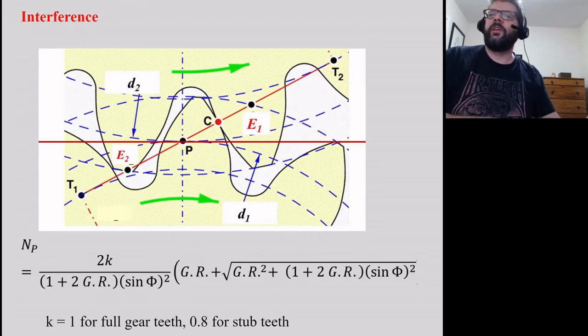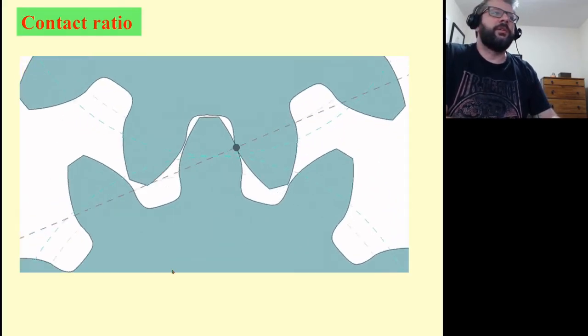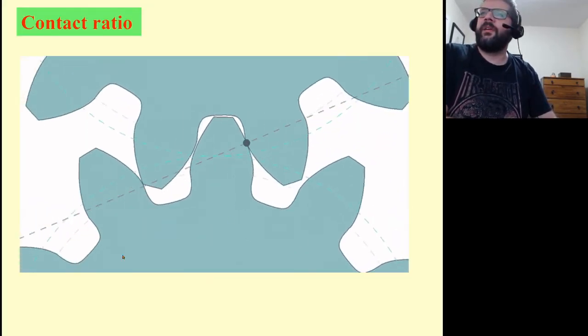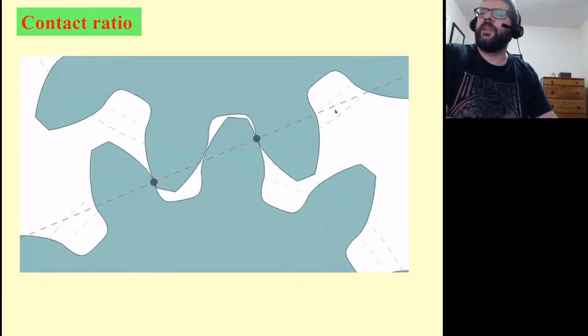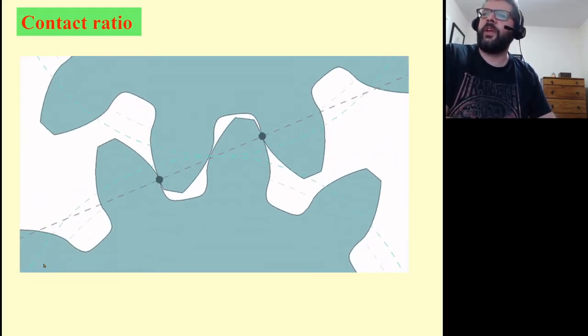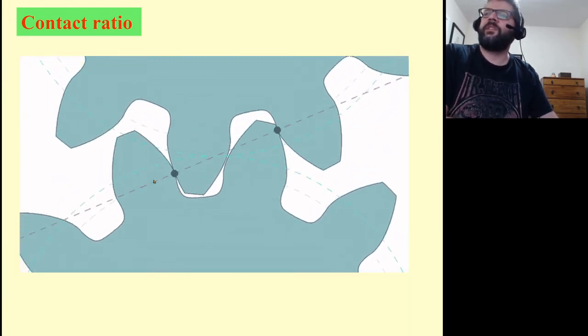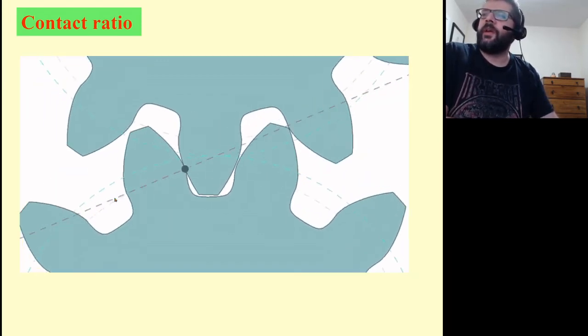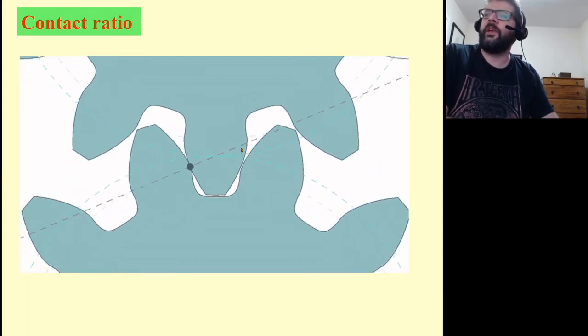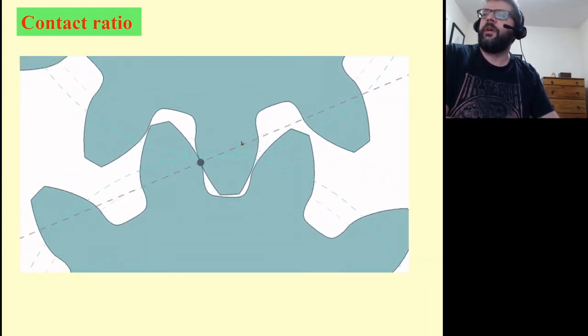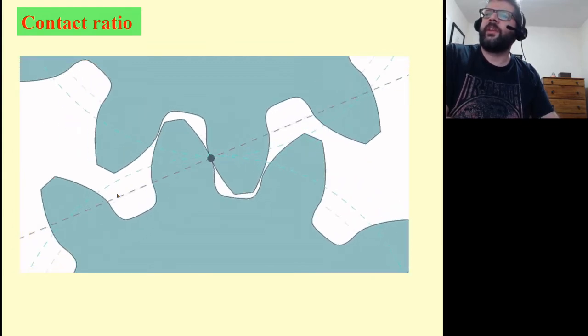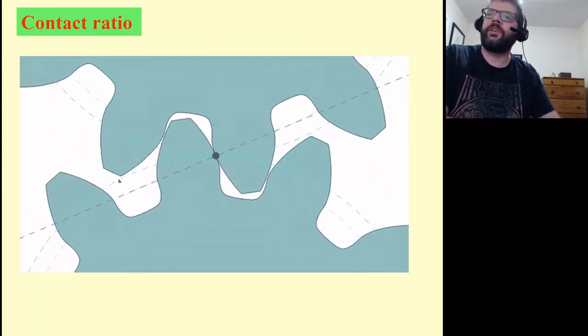We've also got the contact ratio. When the gears are meshing and rotating, you're going to have contact between at least one set of gear teeth at all times.